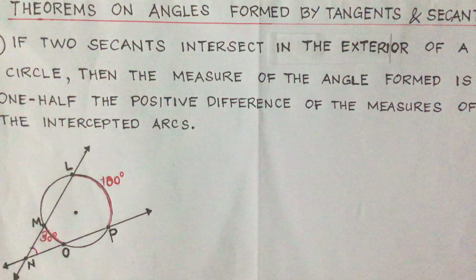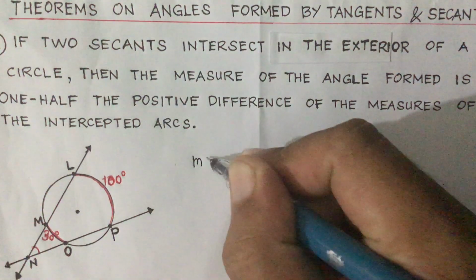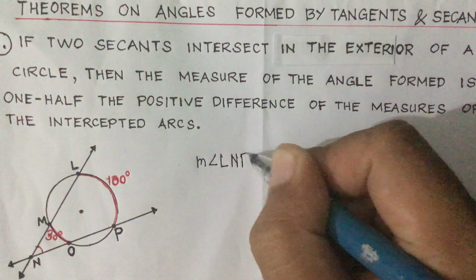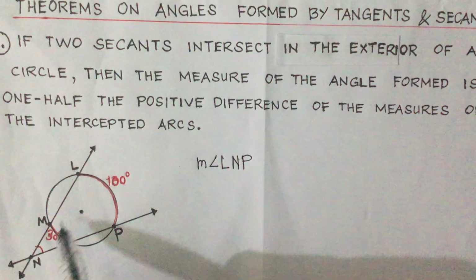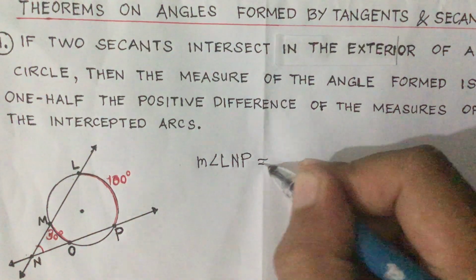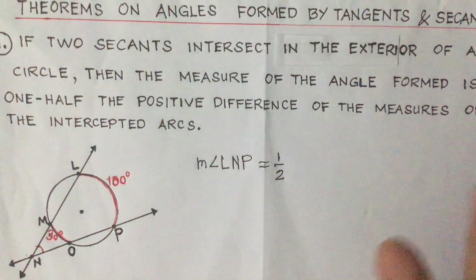So, to get the measure of the angle, we have the measure of angle L and P, this one, L and P, kini siya nga angle, is equal to 1/2 the measure of the intercepted arcs.